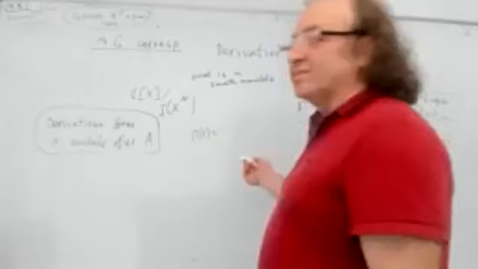Maybe by analogy with the last example, we'll have d of x to the n equal to 0, and all the d of x would be what?